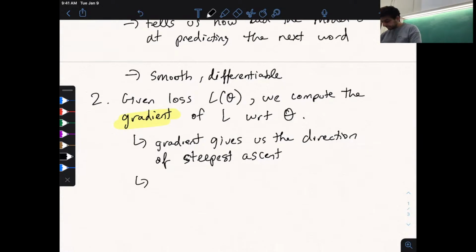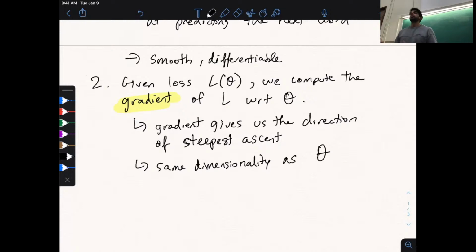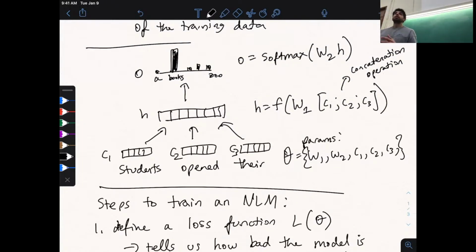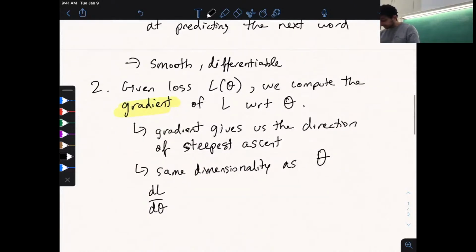The gradient is the same dimensionality as theta. So we're going to denote the gradient using this notation dL d theta. And remember, our theta up here is the set of all of the parameters that make up the model. So what does this gradient look like?